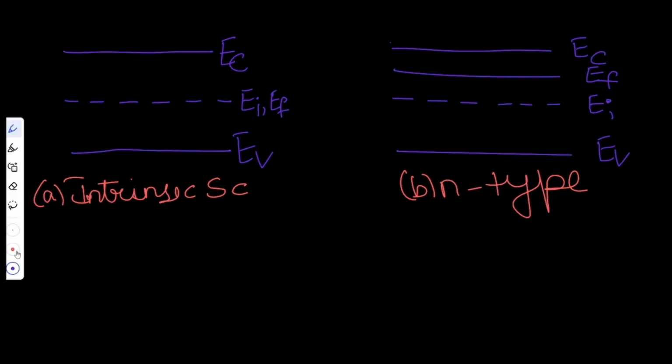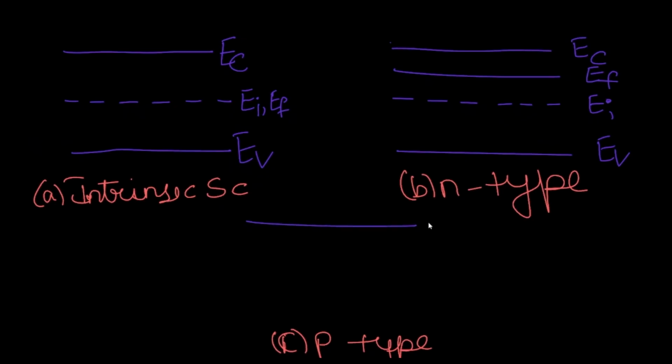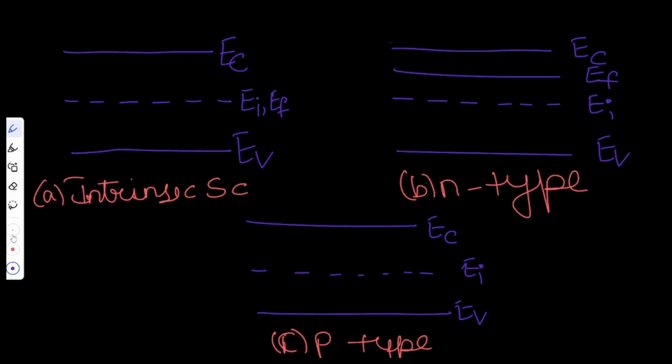If you see in case of P-type material, this is the conduction band and this is the valence band, and this is the intrinsic Fermi level. It is again nothing but the Fermi level before doping anything.